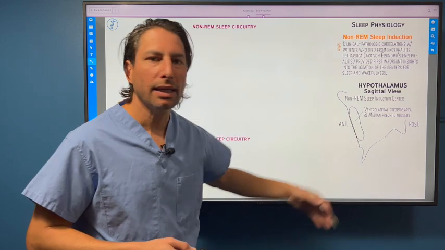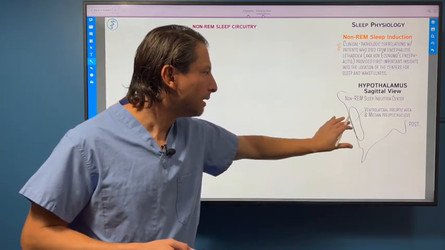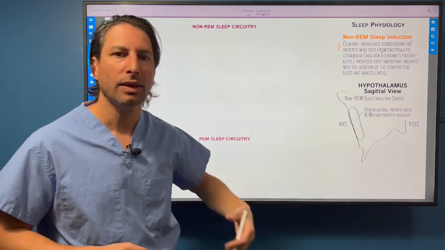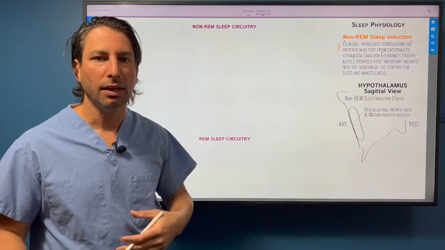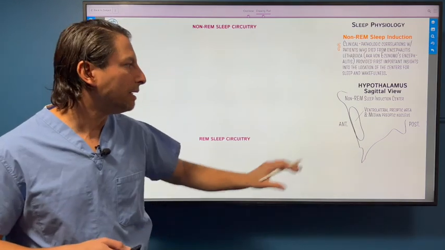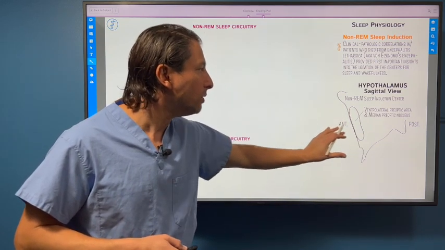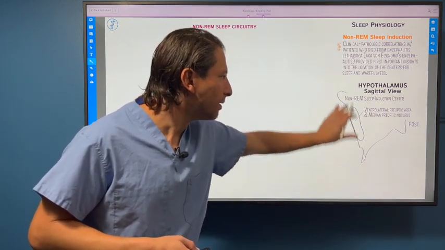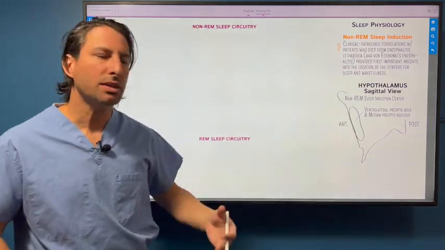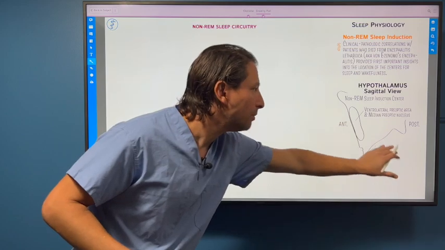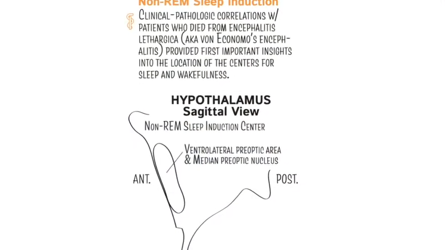He was able to look at cadaveric sections and correlate clinical manifestations, whether they had hypersomnia, oversleep drive, or insomnia, the inability to sleep, and then see what was going on in terms of areas of injury in their brain. And what he deduced was that the anterior portion of the hypothalamus produces sleep, and then posterior and into the brainstem, which we saw, tuberomammillary nucleus and into the brainstem, produces wakefulness.